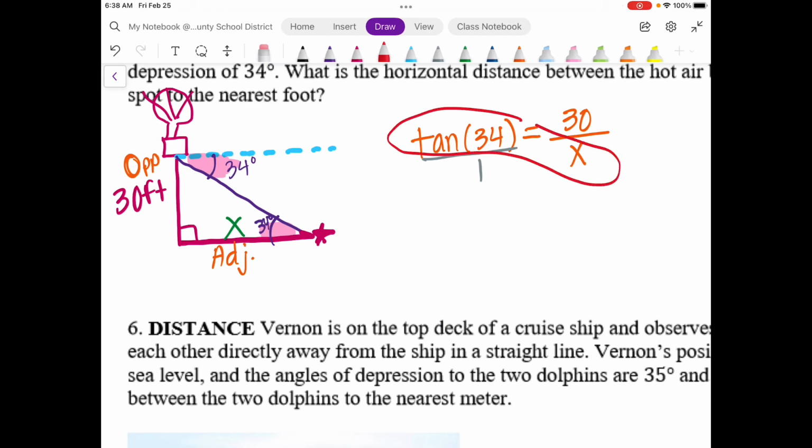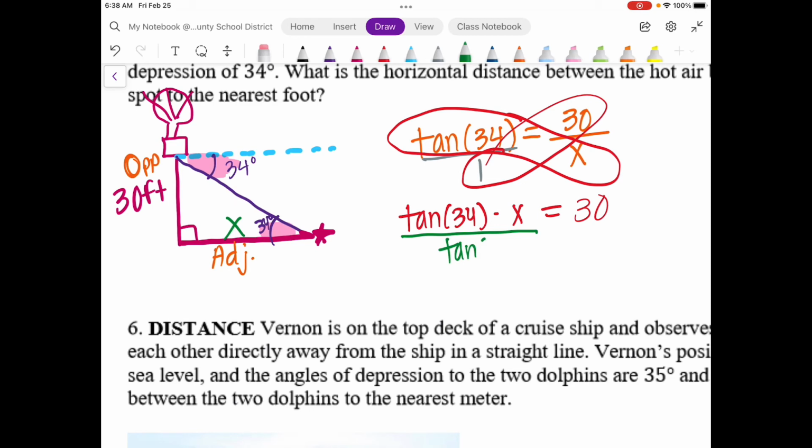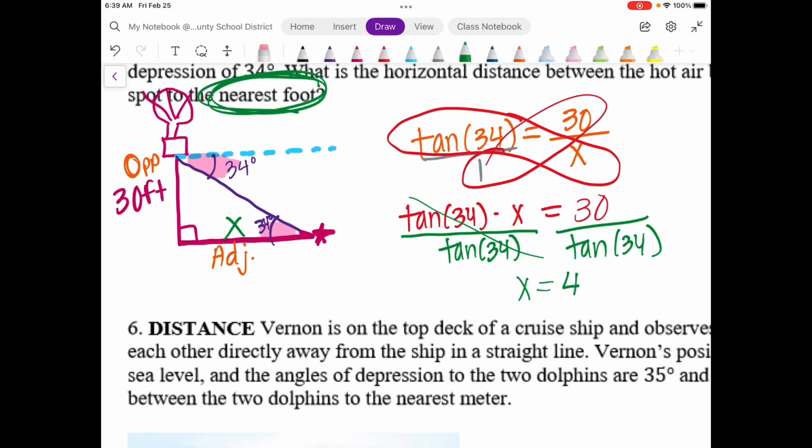So multiply x times tangent and then 1 times 30. These are being multiplied, so the opposite of multiplication is division. Divide both sides by tangent of 34. And in this case, it is asking me for the nearest foot. So when you put in 30 divided by tangent of 34, make sure you are rounding appropriately. In this case, I'm just going to keep it as 44 feet. Please make sure you are actually putting this in the calculator so you get some practice.